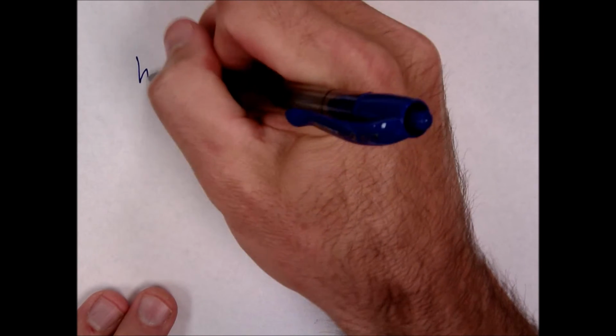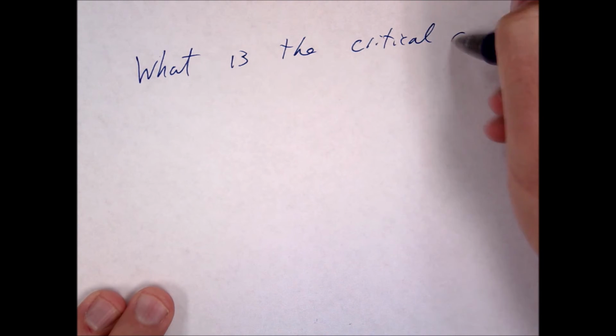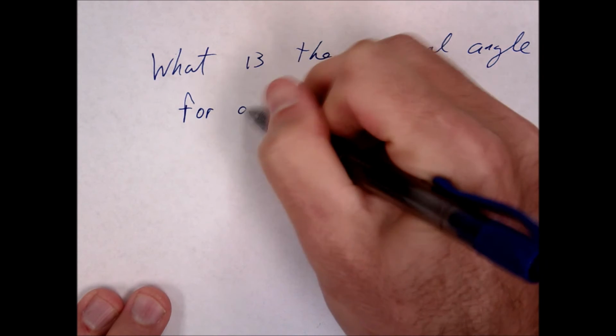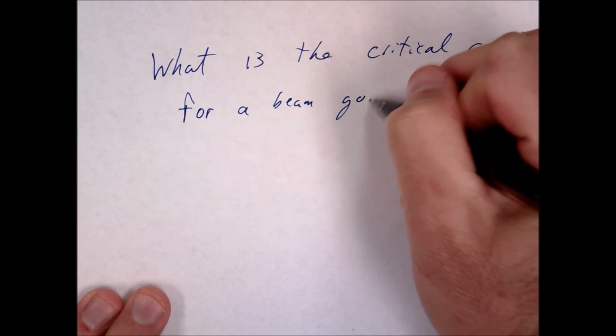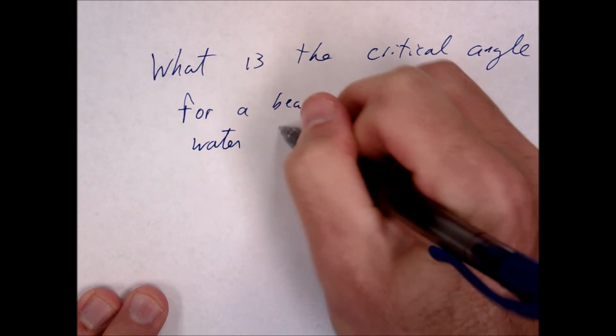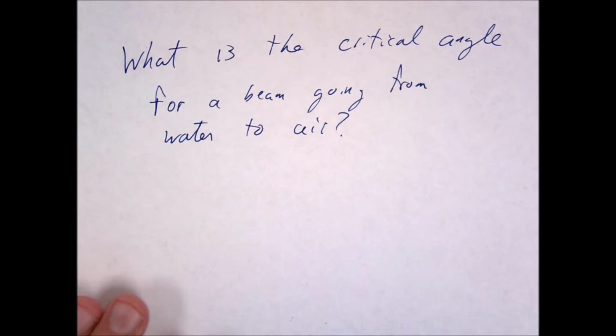So what if I asked you, what is the critical angle? And let's just do it for a beam going from water to air. Okay, so we want to know what is that point at which total internal reflection occurs.